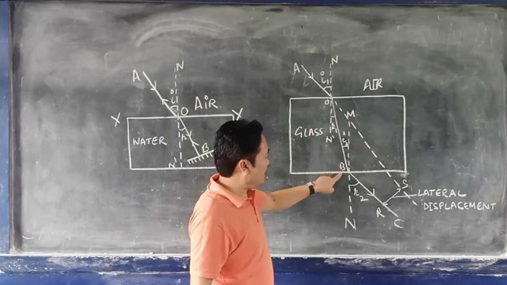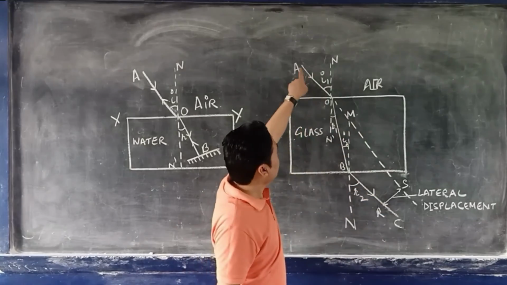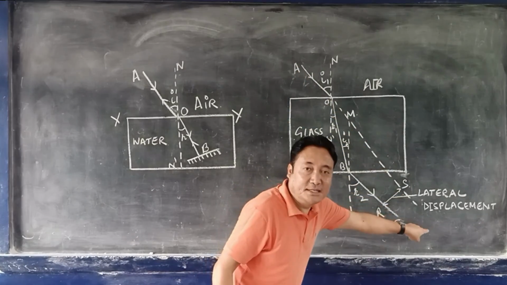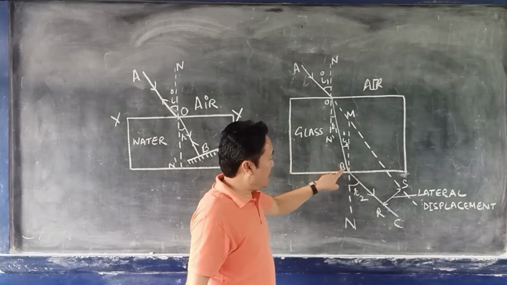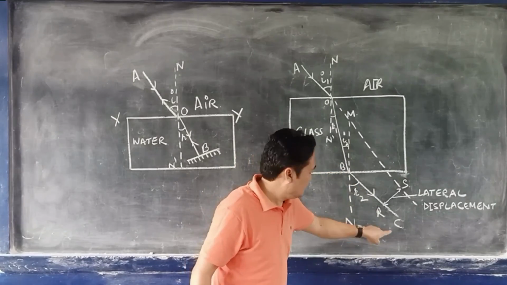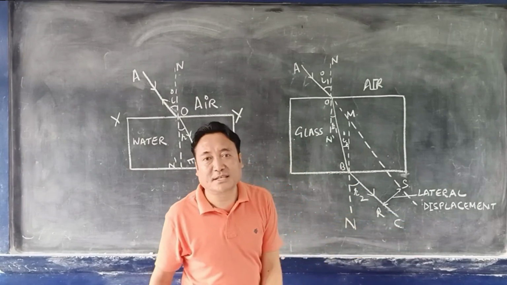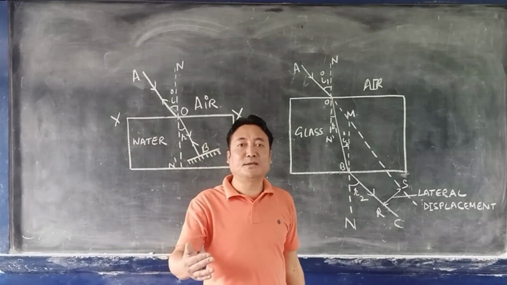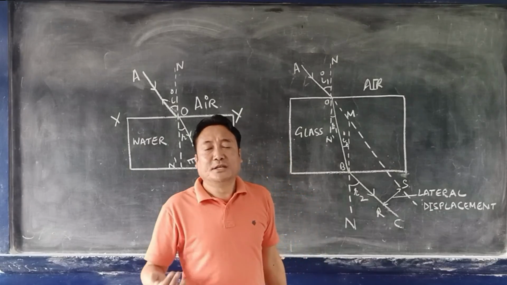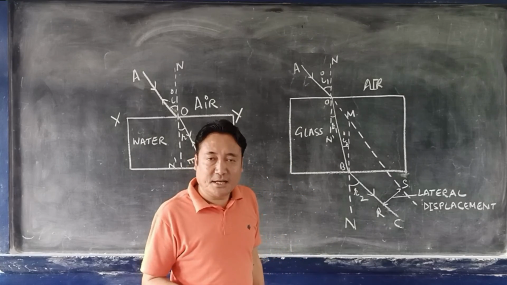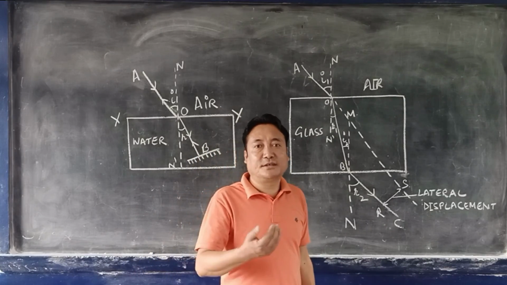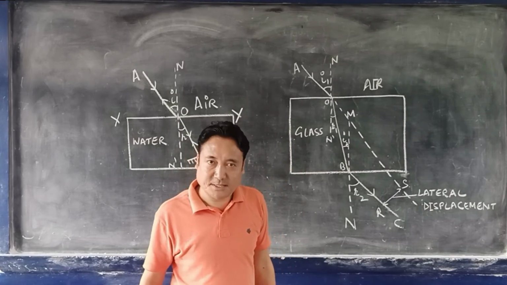The incident ray is parallel to the emergent ray, and the perpendicular distance between the original path of the incident ray and the emergent ray is known as the lateral displacement.